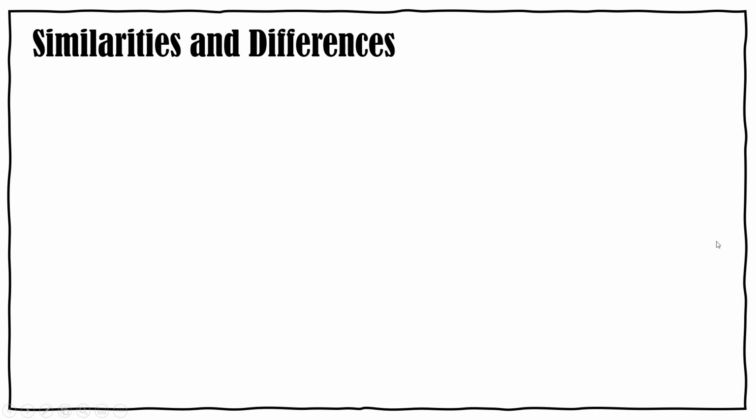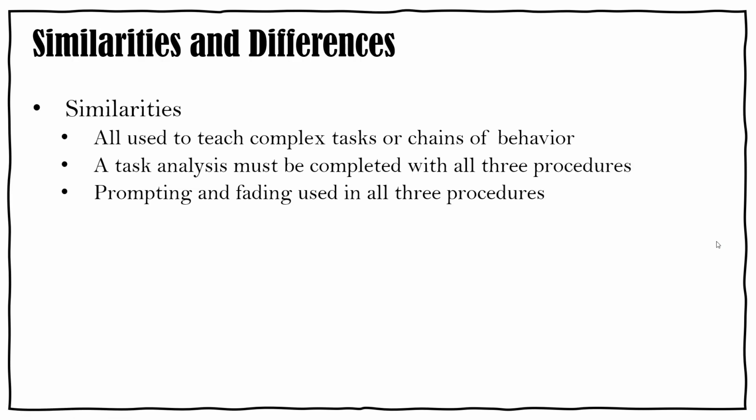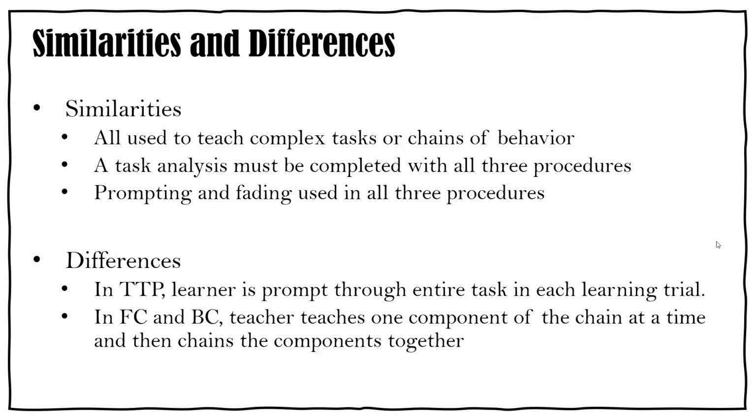Okay, some similarities and differences between those strategies. Similarities: they're all used to teach complex tasks or chains of behavior. With all of them, your first step is always the task analysis. Regardless of what strategy, you always want to do that task analysis. And prompting and fading is used in all three procedures.